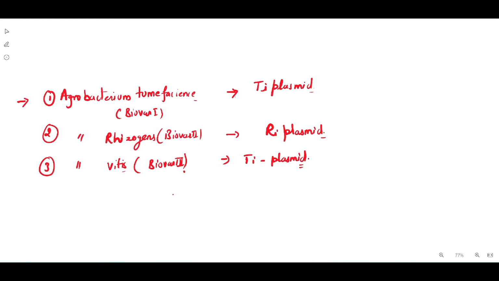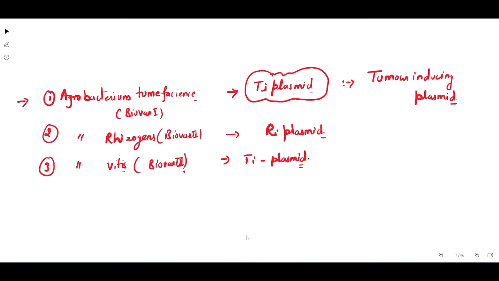Now we are going to talk about the Ti plasmid. As the name suggests, the Ti plasmid is the tumor inducing plasmid.